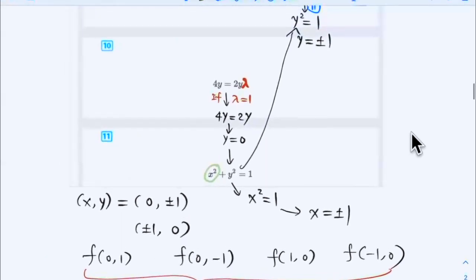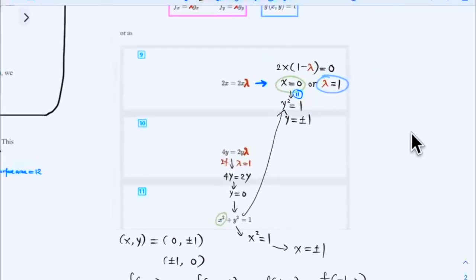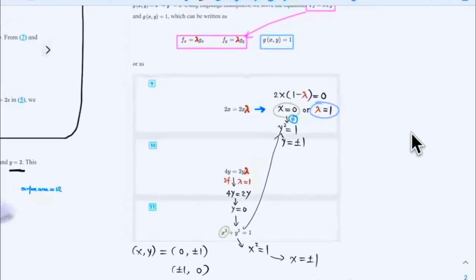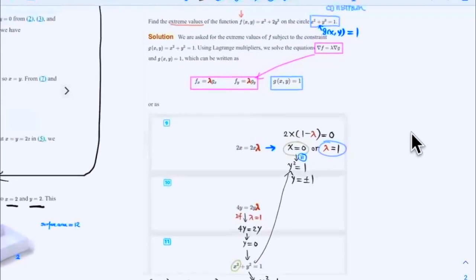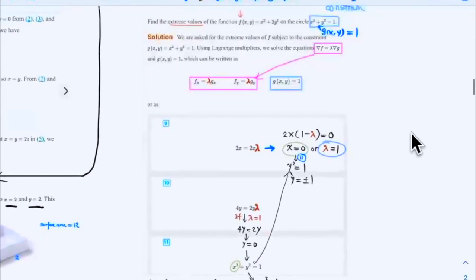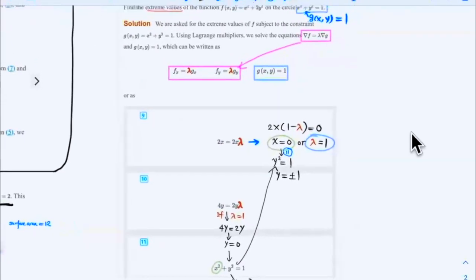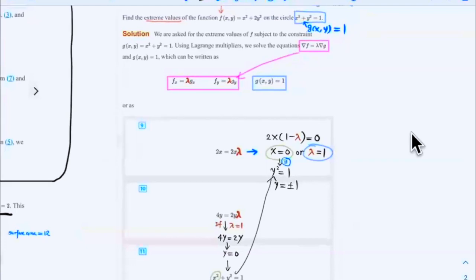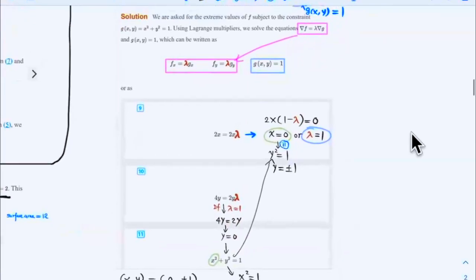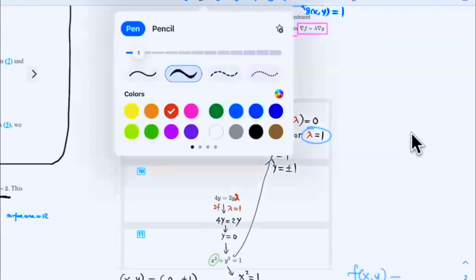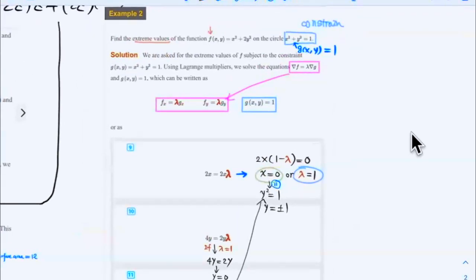This one over here is not hard to find. Let's look back to the function f. What is the function f? X squared plus 2y squared. So we do the math. Let me put the function down here so you can see. F of x y is equal to x squared plus 2y squared.